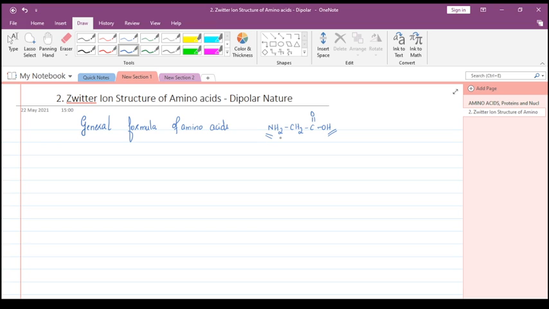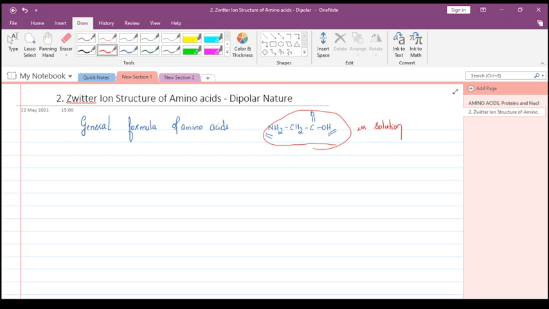Suppose you add these amino acids in solution; in solution they will exist as charged molecules.